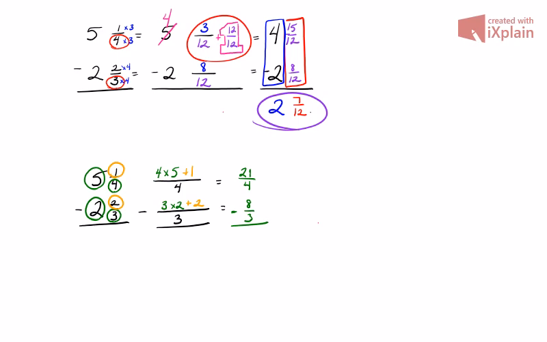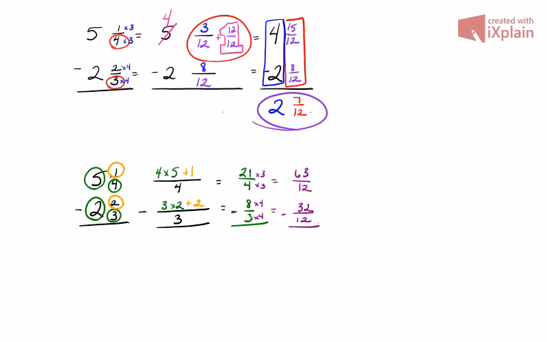So let's use the same common denominator that we came up with in the previous problem. I'm going to convert this so that each one has a denominator of 12. For my fraction of 8/3, I'm going to have to multiply both the top and the bottom by a 4. For my fraction of 21/4, I'm going to multiply the top and the bottom by a 3.